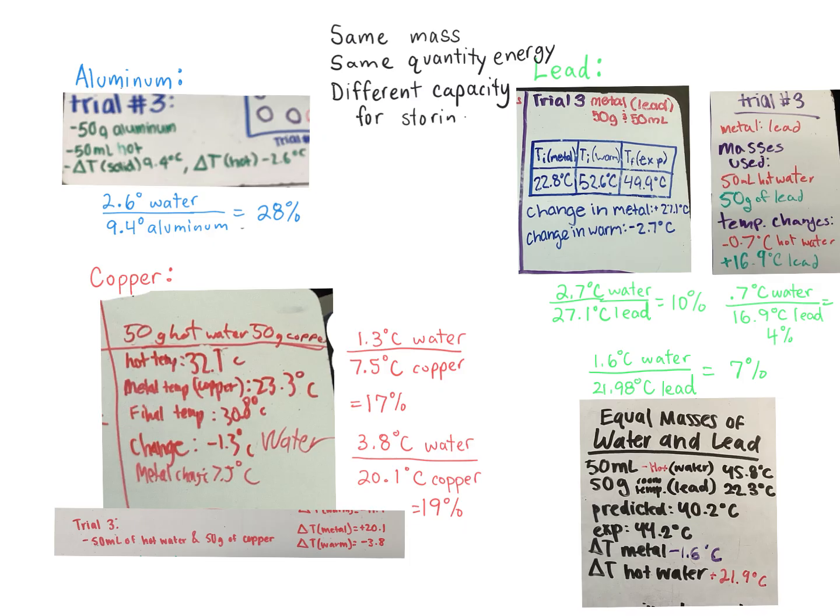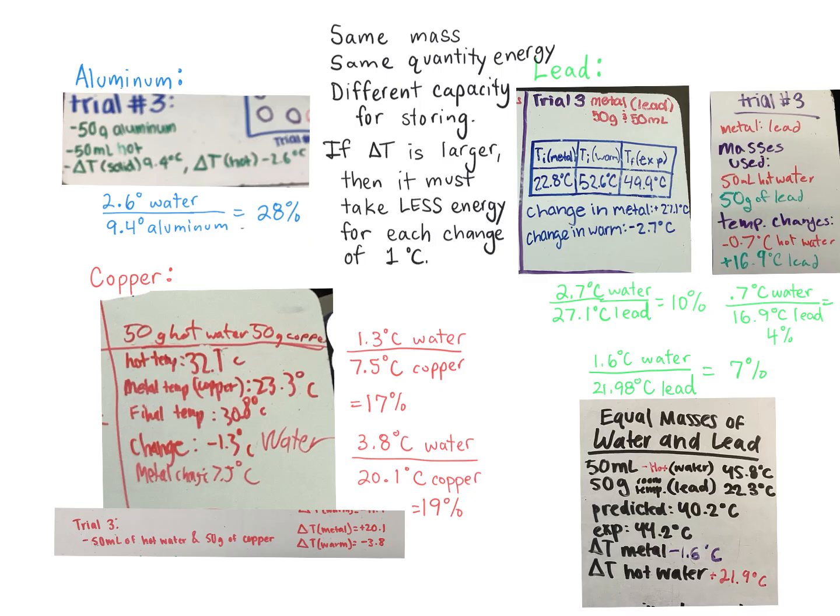So if they got the same amount of energy, when something changed temperature more, it means that it does not take as much energy for each degree Celsius. I'm going to say that again, because something changed temperature more when it got the same amount of energy. That means that it takes fewer joules for each change in degrees Celsius.